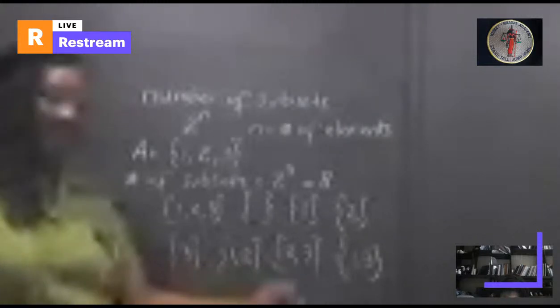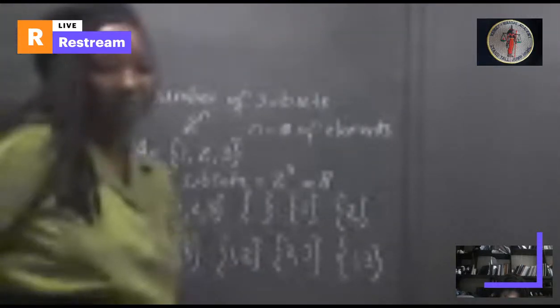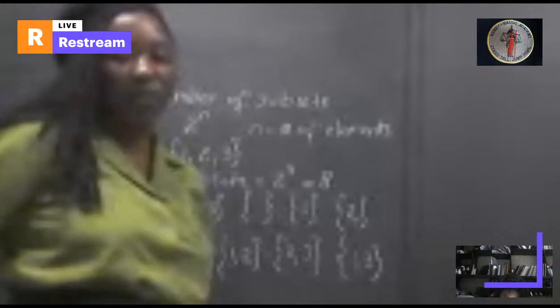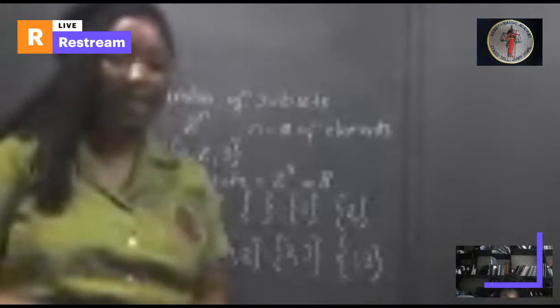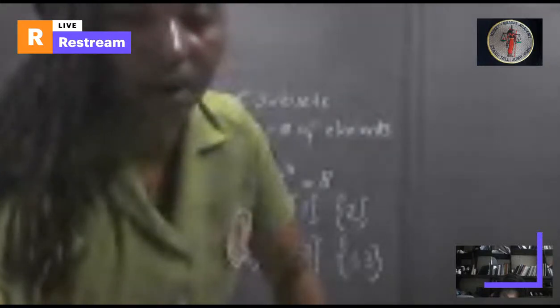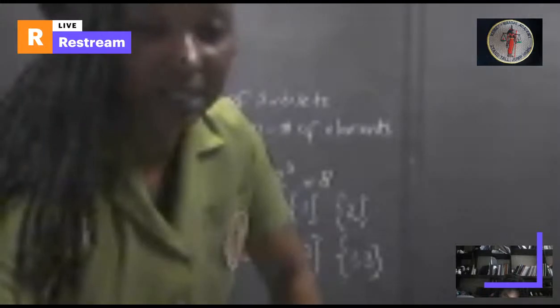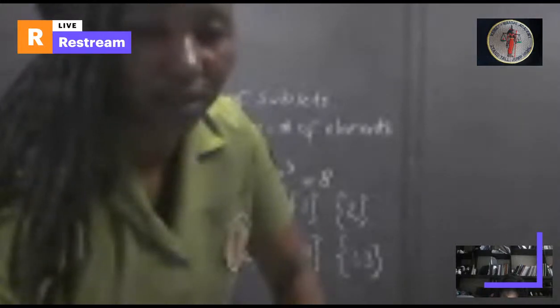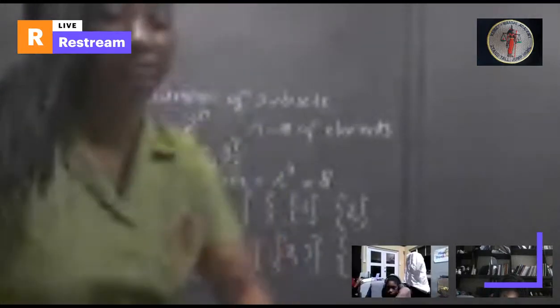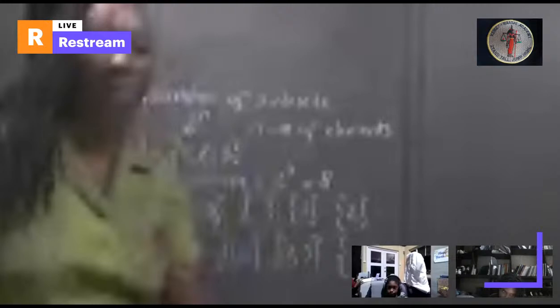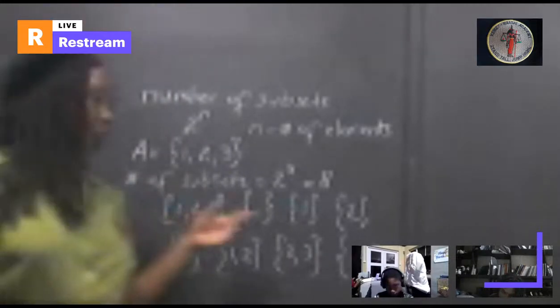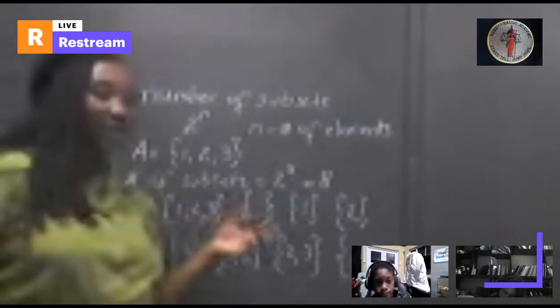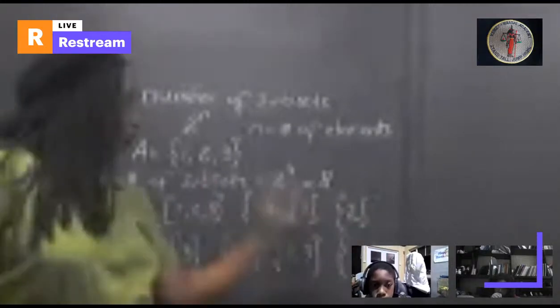So this is what we mean when we say, what are the subsets. This is how we write them. You can just use the formula, but I just decided to show you what we mean.